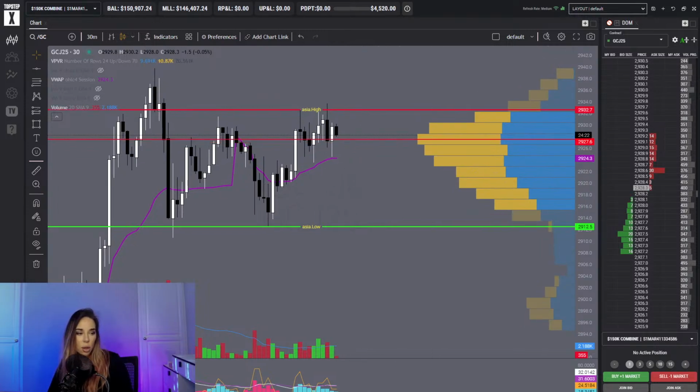All right, so value areas. For today, let's focus on COMEX values, because I'm not going to be here later on. Well, I will, but I will be on Back to the Futures when gold is closed. So let's have a look at where the COMEX values are. Never mind London. Value high is 29.29.4. That is the next thing you will see on my chart as a purple line.